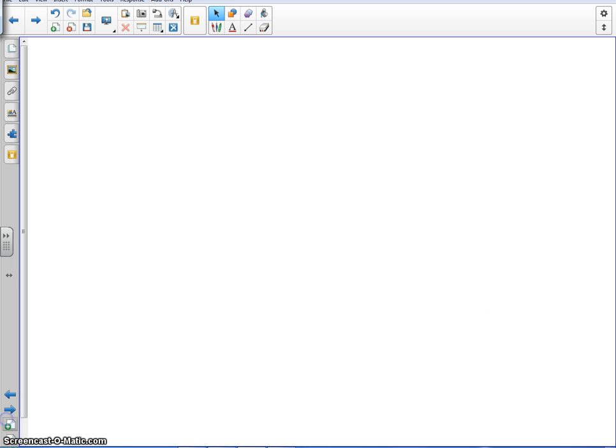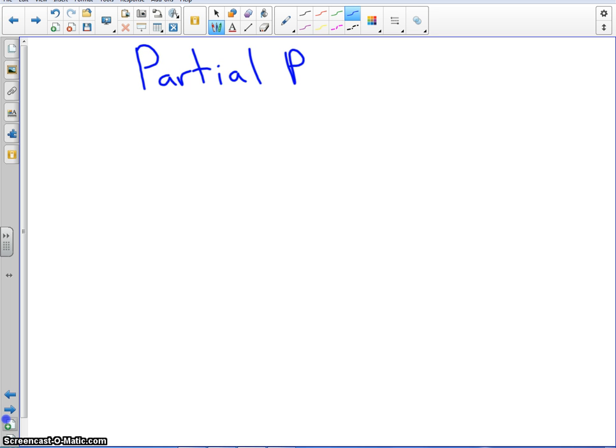All right, a similar method of breaking it apart, but a little more formal, is called partial products. How this method works is very similar. You break it apart. So let's do our 23 times 6. But I break it apart based on place value.